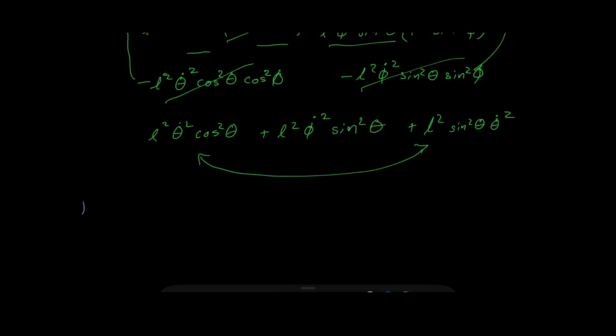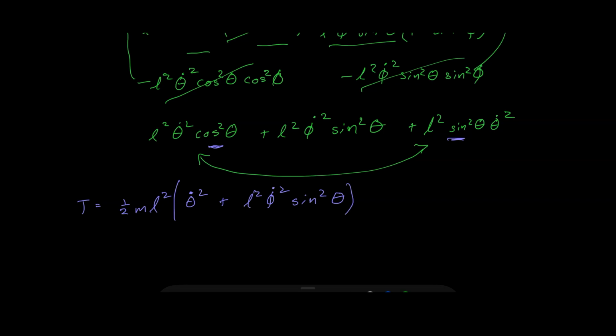So we get our kinetic energy is 1/2 m, and then we'll pull out an L squared, and we're going to get, so cosine squared plus sine squared equals 1, so then we're going to get theta dot squared plus phi dot squared sine squared theta.